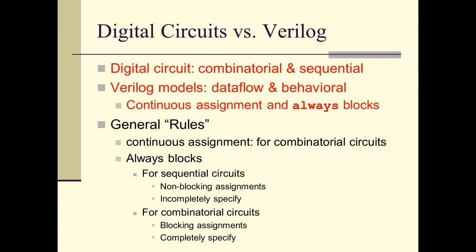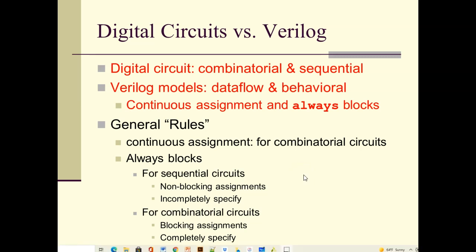Keep in mind that data flow is primarily continuous assignment statements, and behavioral models are primarily always blocks. The general rule, and we'll talk about this later, is that continuous assignment statements, meaning not using an always block, are used only for combinatorial circuits.